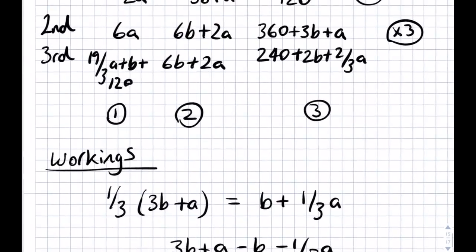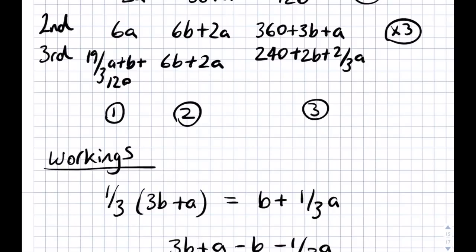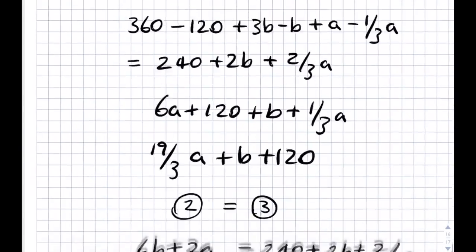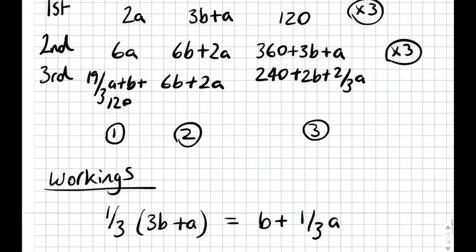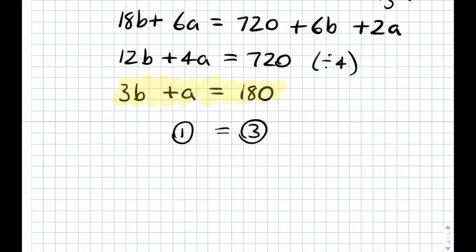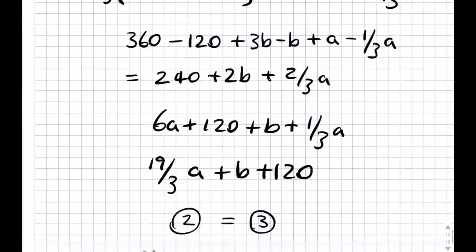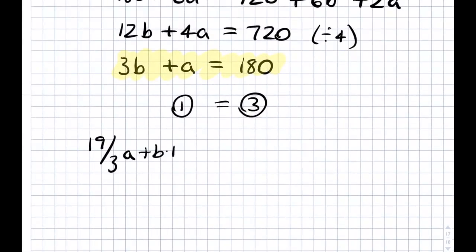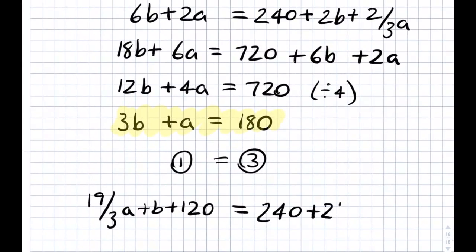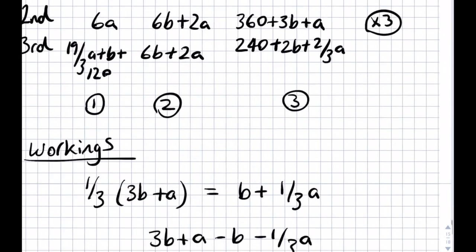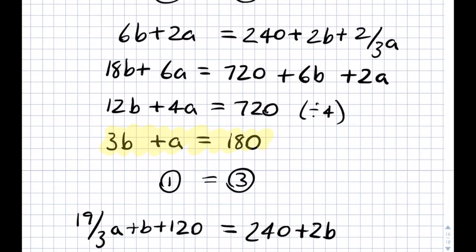Now I need to take two different equations. So let's say 1 and 3. It doesn't really matter which equations we take, but I'm going to say 1 and 3. Okay, so equation 1 was 19 over 3 a plus b plus 120 equals 240 plus 2b plus 2/3 of a.